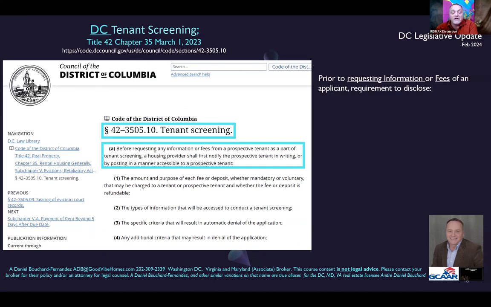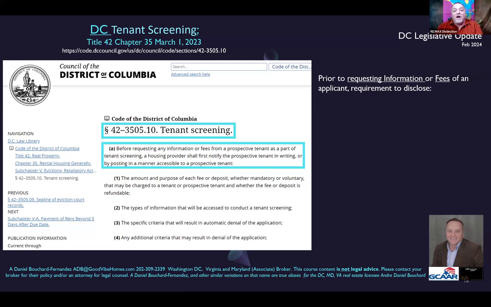Before you can screen any tenants or ask any tenants any questions about how qualified they are, say you get a phone call on your listing and a prospective tenant says, hey, I'm interested in 123 Main Street. In the past, we've gone through the habit of trying to pre-qualify them.